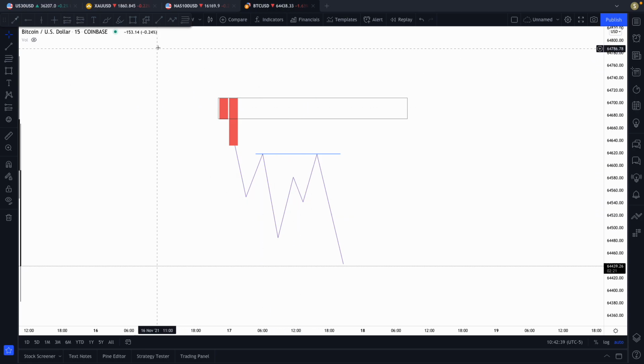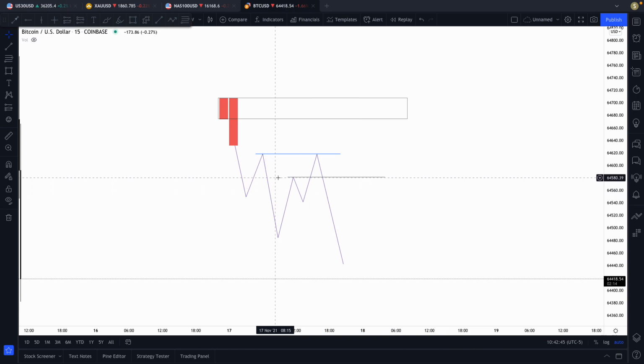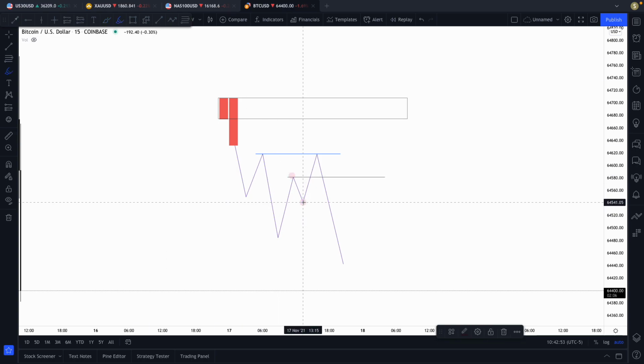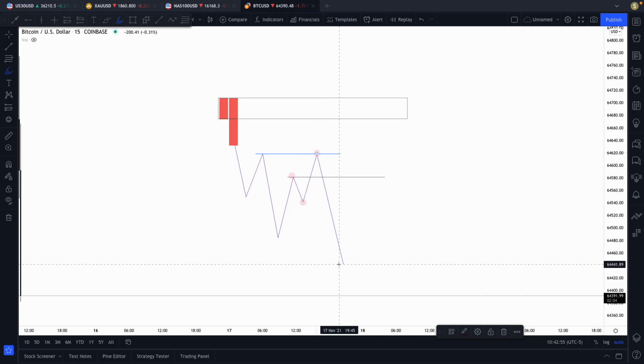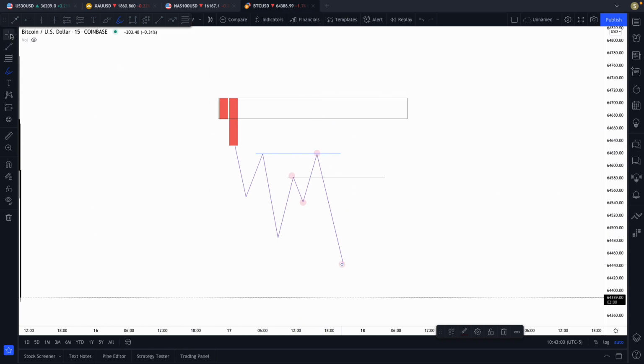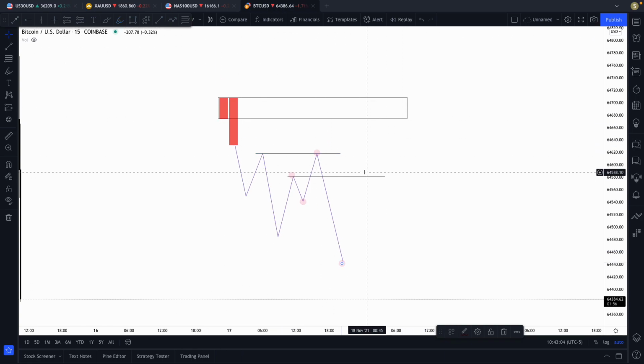Now most of the people, because they see a QML that is happening here, you see this is the QML that is happening here, then they'll tell you they have the high, they have the low, then they have a higher high, then they have the lower low. According to someone who is trading QML, this is a perfect reason for him to come and sell from here.